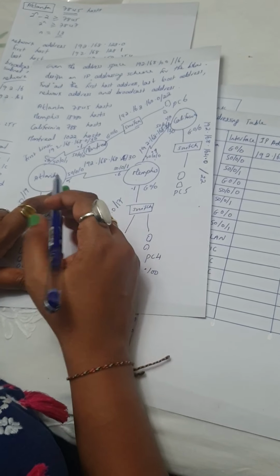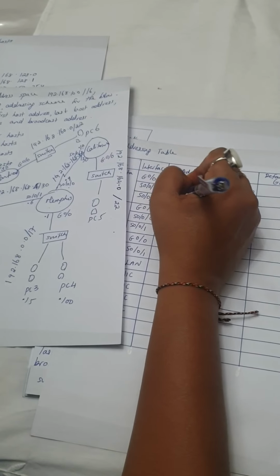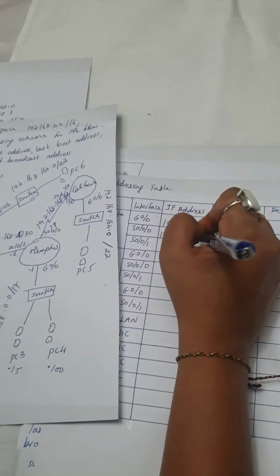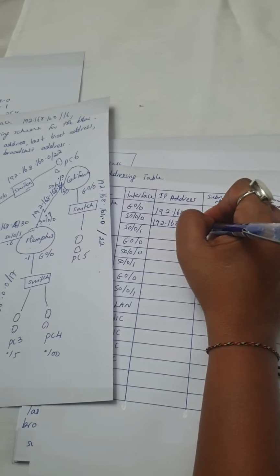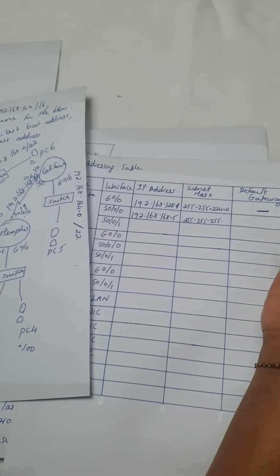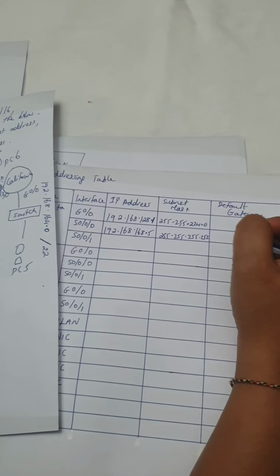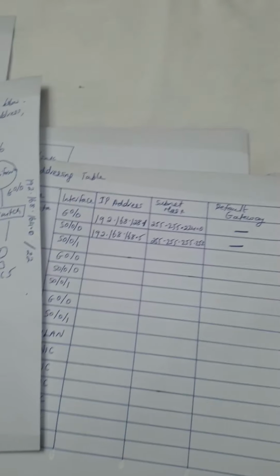Now, Atlanta, the serial 0/0/0, it's here. So it's .5, 192.168.168.5. It's a /30. The subnet mask for links, three times 255 and then 252: 255.255.255.252. Again, since it is on the router, nothing is written in the gateway.